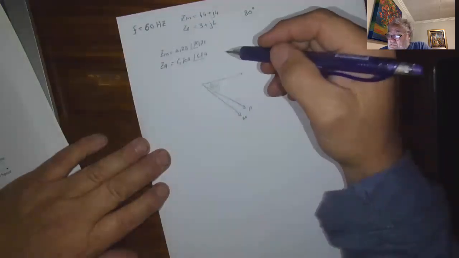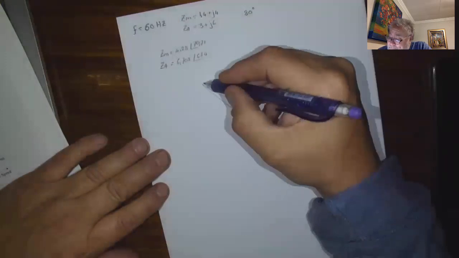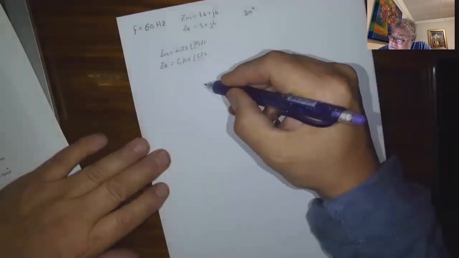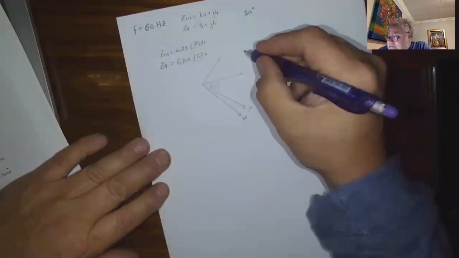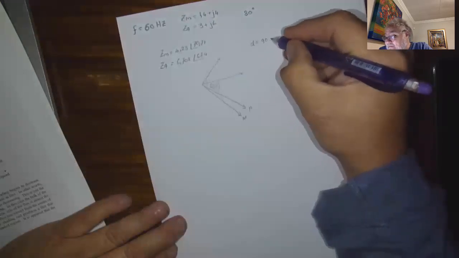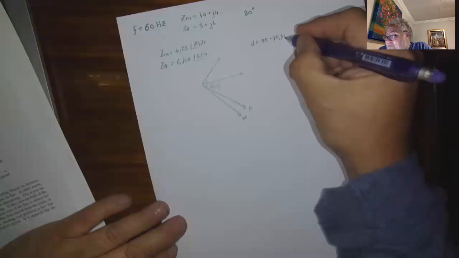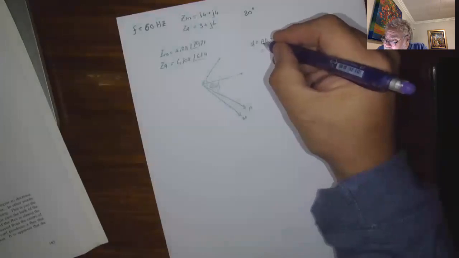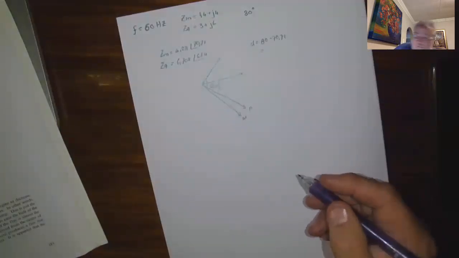Now they want us to calculate the value for alpha, not 90 anymore, but 80. So alpha is 90 minus 70.71 and 80 as well. That gives us 9.29 degrees now.